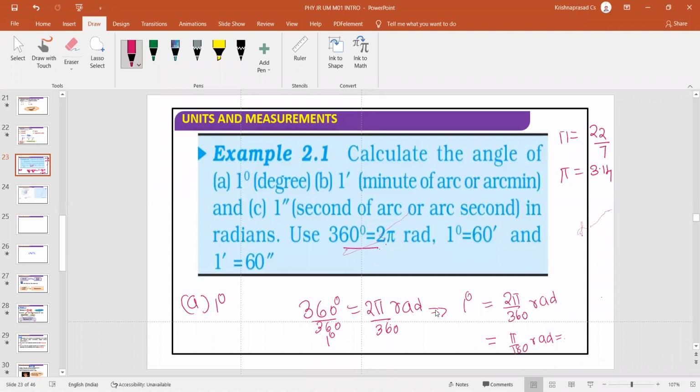So here, instead of pi by 180, I will substitute 3.14 divided by 180. Whatever that value is will be in the unit of rad. So that is the value of 1 degree in rads. Got it?